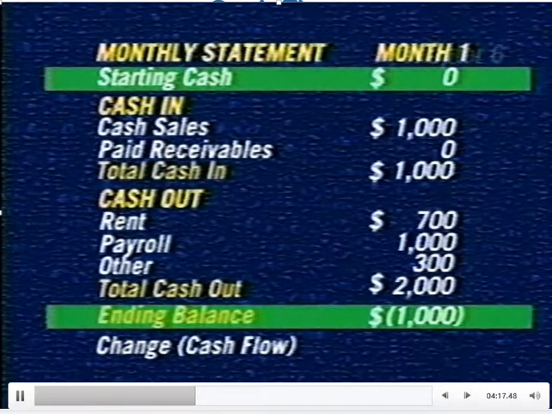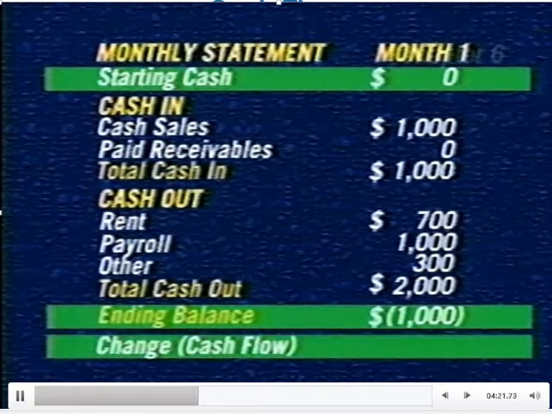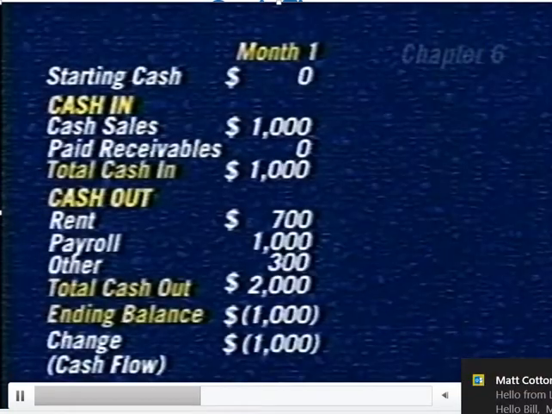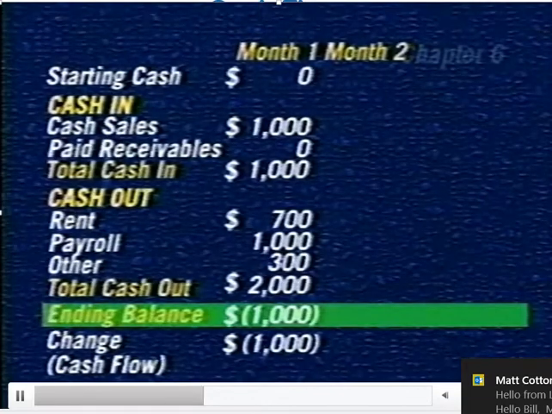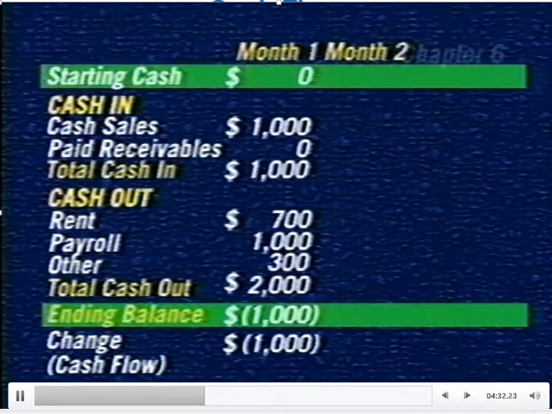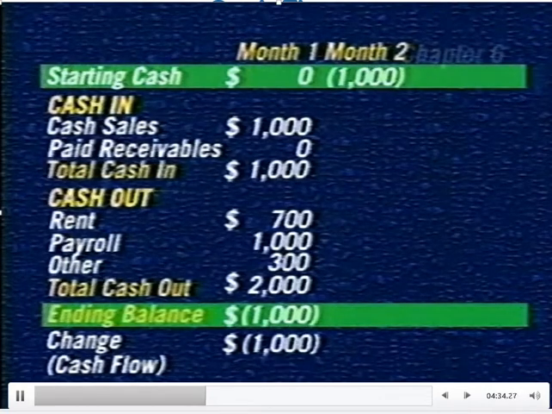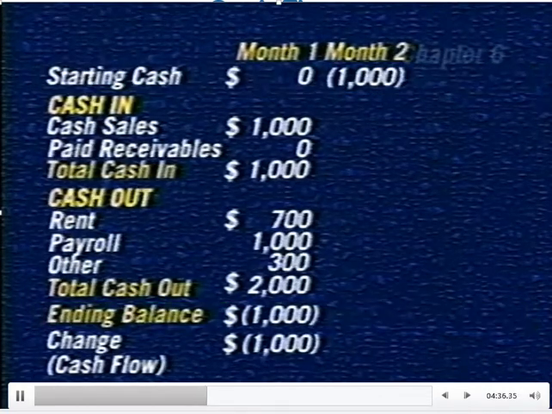We went from $0 to negative $1,000, so our cash flow was negative $1,000 for this month. To begin month two, we take month one's ending balance of negative $1,000 and make it our starting balance for month two. Let's carry out this cash flow for 6 months.